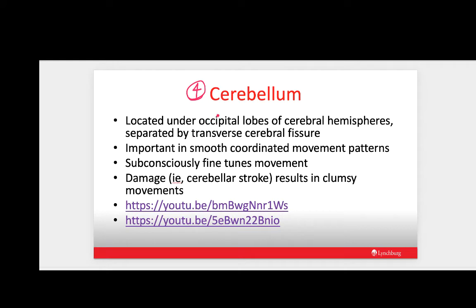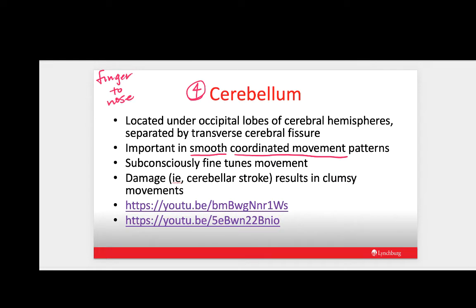So what's the function of the cerebellum? What does it do for us? Well, it basically plays a role in smooth, coordinated movement patterns. So it's not really just balance necessarily. It's really doing coordination. And one of the ways that we can test this clinically is performing what we call the finger to nose test.